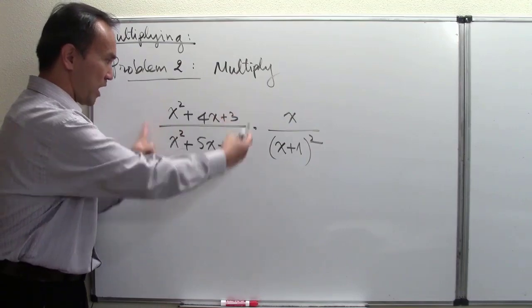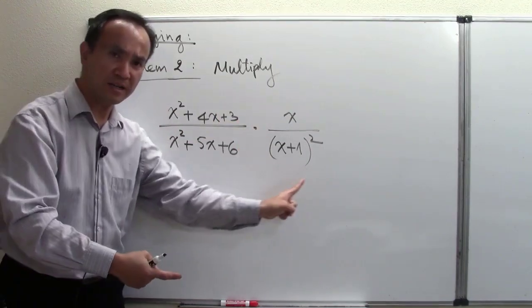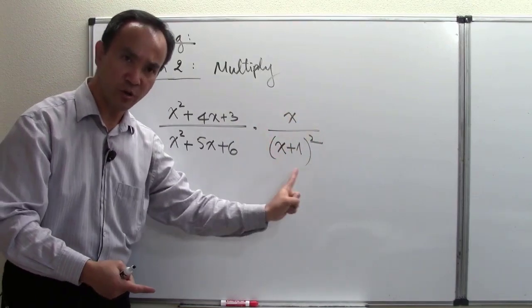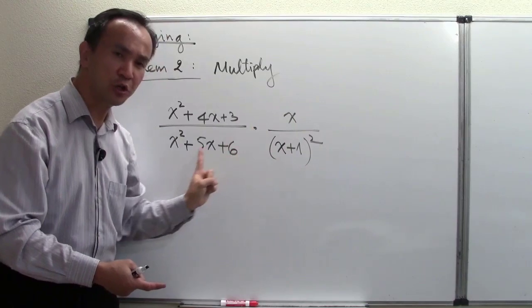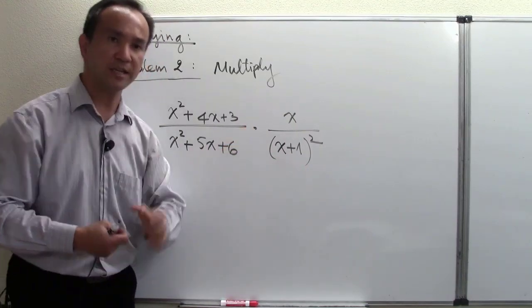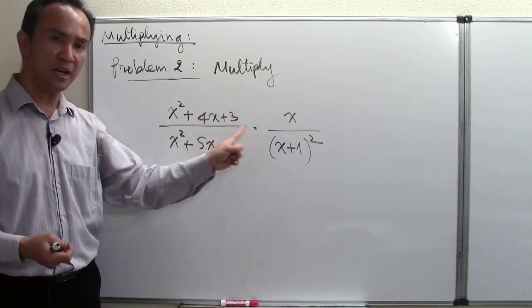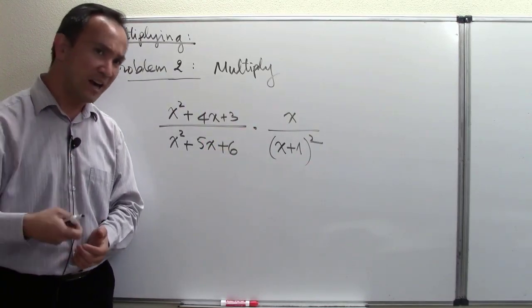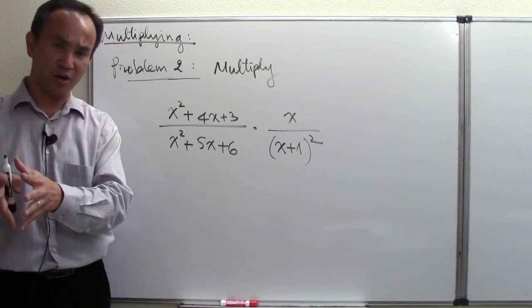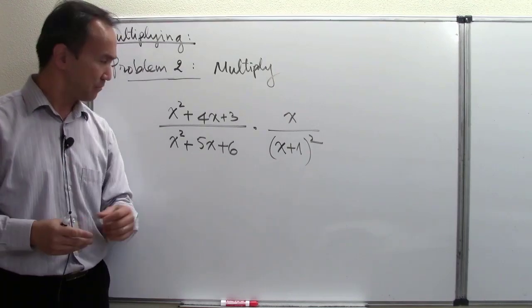There's one rational expression; think of that as one fraction. There's another rational expression; think of that as another fraction. These two are multiplied together. So as I keep saying, think as closely as you can about working with fractions.